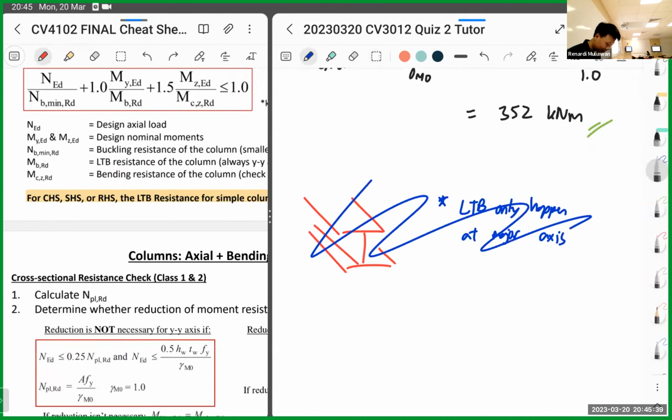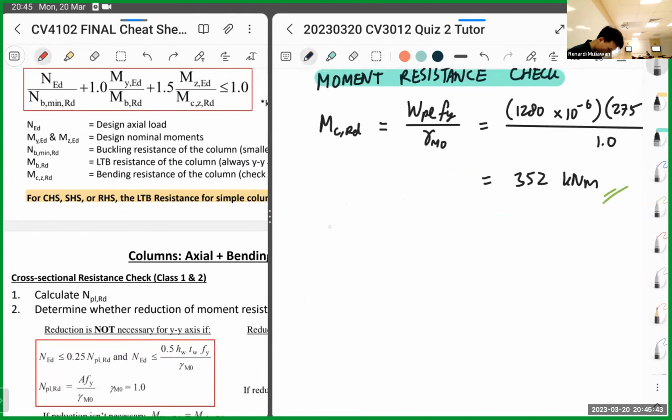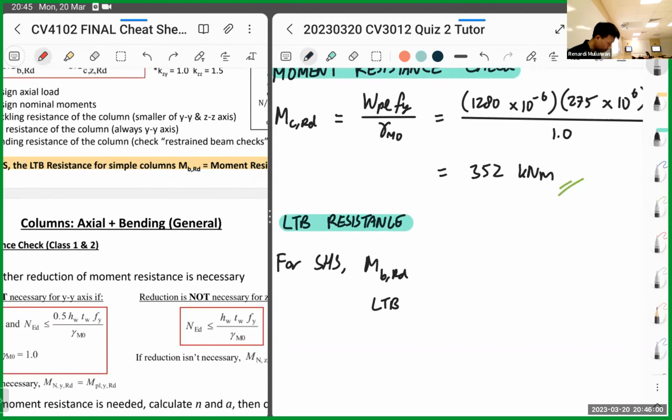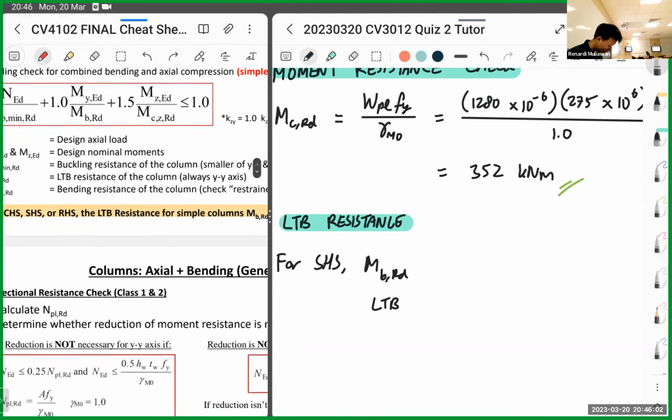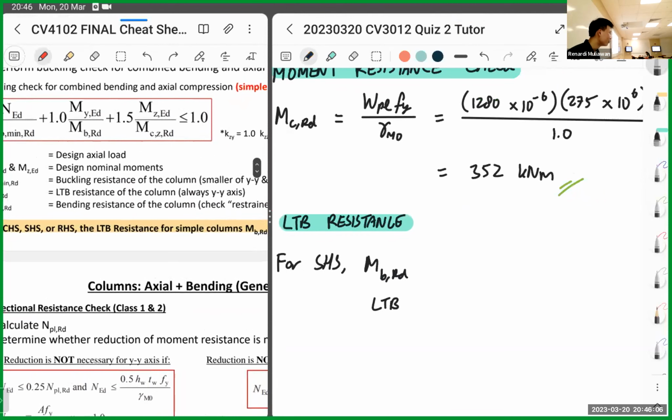So for the LTB resistance for HSS, MBRD stands for LTB. I think B is for bending, but I'm not sure, because C is for moment resistance.